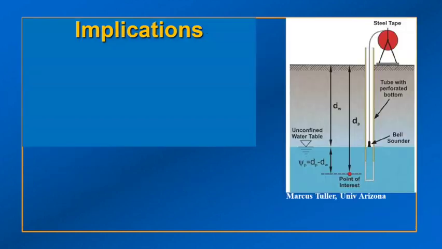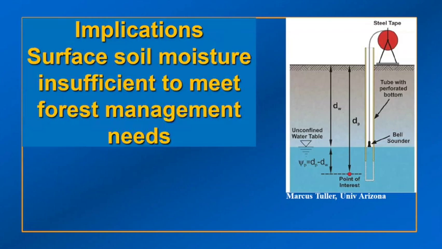So the implications, as I think about this, surface soil moisture really doesn't do the trick for us, right, to meet forest management needs. And as we've seen through many presentations, there have been some really nice papers looking at deeper depths, some of these down to 150 centimeters, some parsed in 5 and 10 centimeter increments on some very intensive. And so those are the types of things we need.